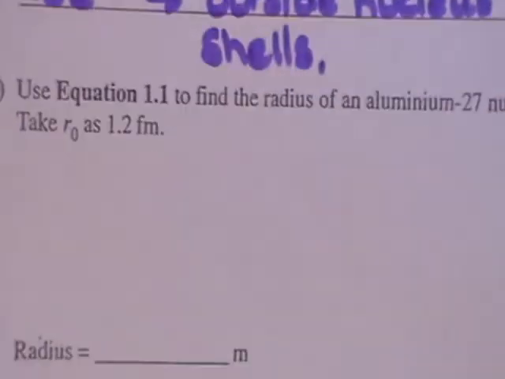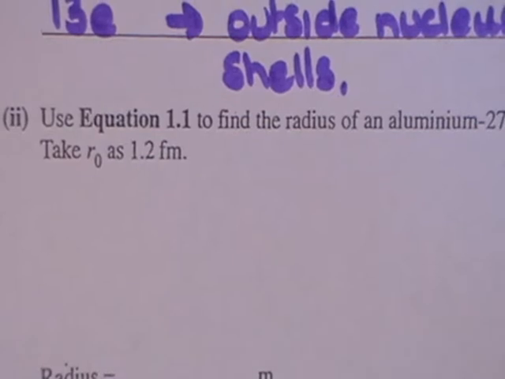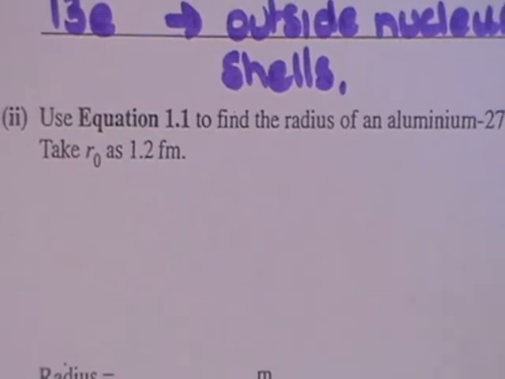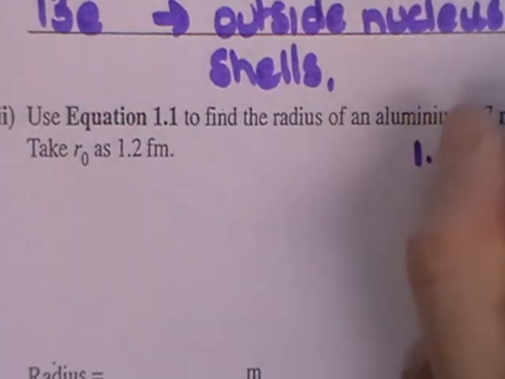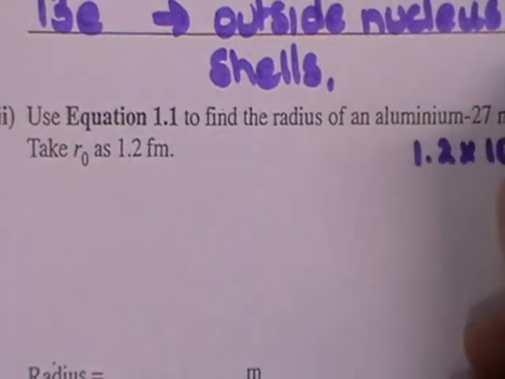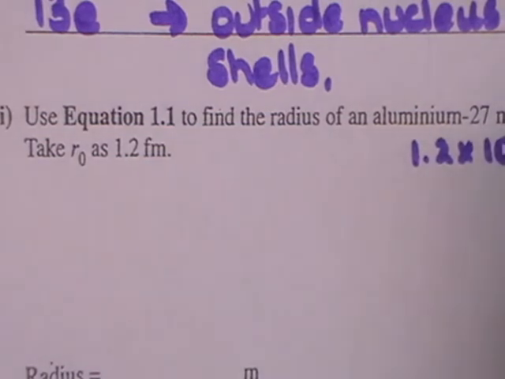Okay, the next question then says, use the equation to find the radius of an aluminium-27 nucleus. Take R0 as 1.2 femtometers. So 1.2 femtometers is 1.2 by 10 to the minus 15 meters.